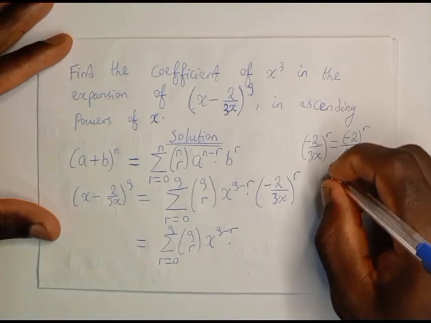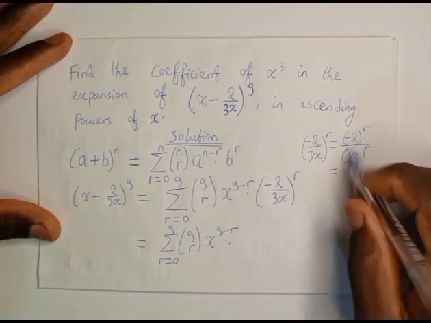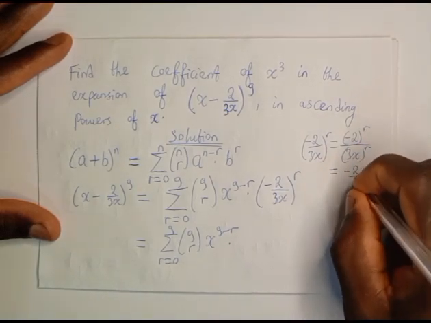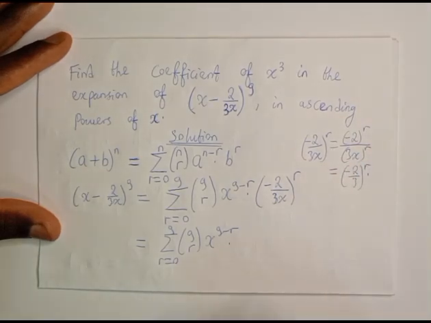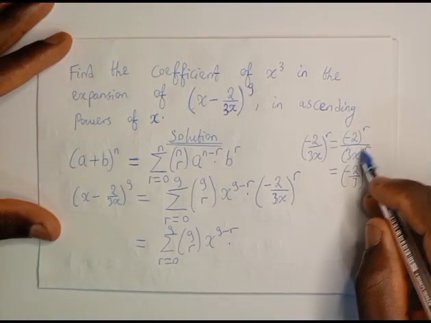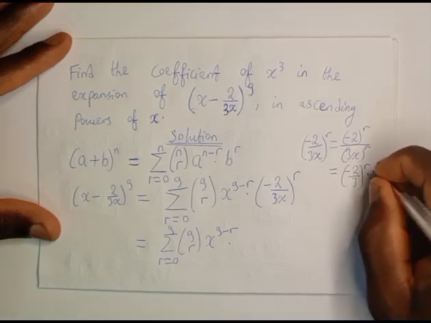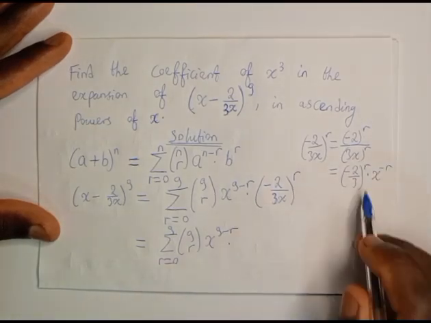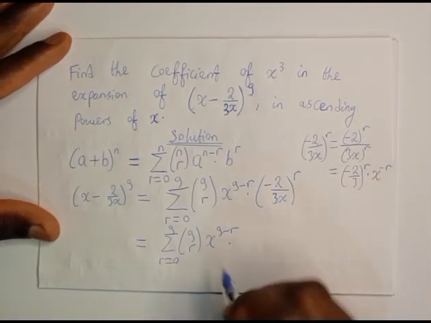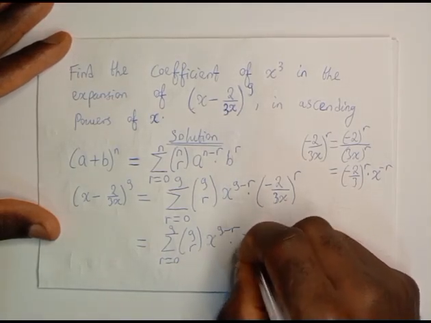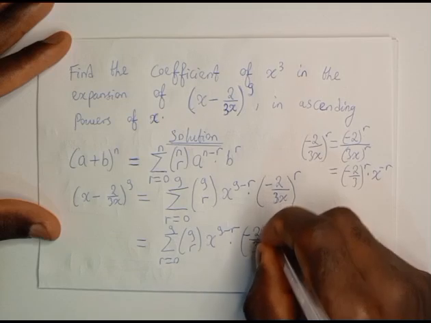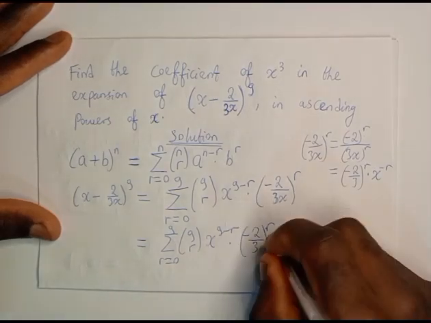We can express this as negative 2 third all raised to the power r times 1 all over x raised to the power r, which is x raised to the power negative r. We are going to insert it here.